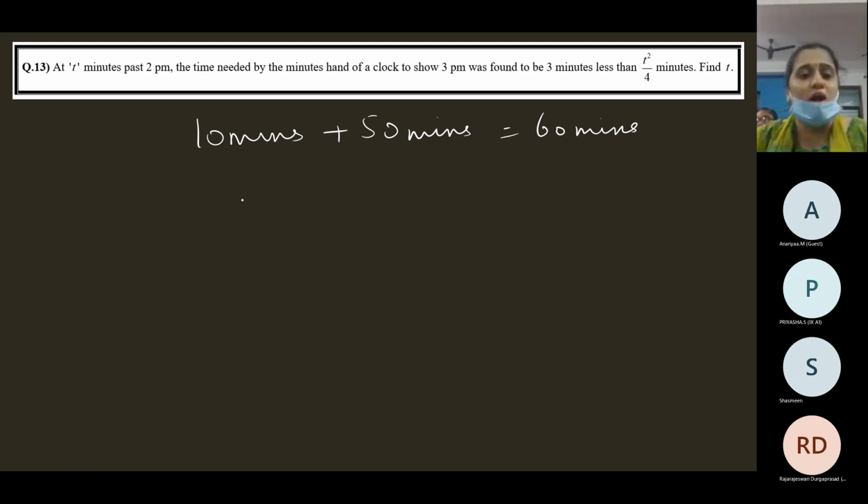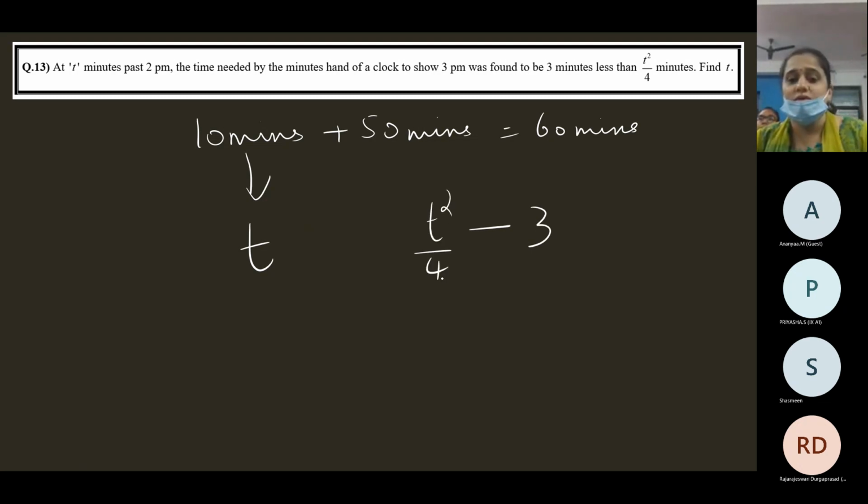In the same way here, what goes with 10 minutes in this question? T minutes, at t minutes past 2 p.m. So 10 minutes goes with t minutes here. The time needed by the minutes hand of a clock to show 3 p.m. was found to be 3 minutes less than t square by 4. How do you write that? 3 minutes less than t square by 4.